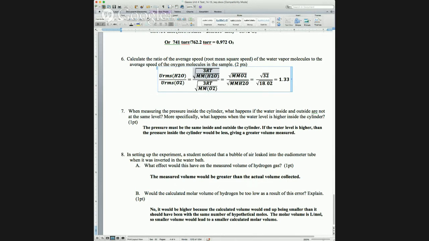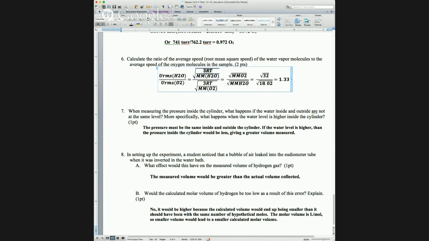And a ratio is the same thing as a fraction. And so if you have the root mean square speed of water over the root mean square speed of oxygen, you put one over the other. 3RT cancels out for both of them. So you're left with 1 over the molar mass of water divided by 1 over the molar mass of oxygen. So this probably looks a little confusing, but think about it like this.